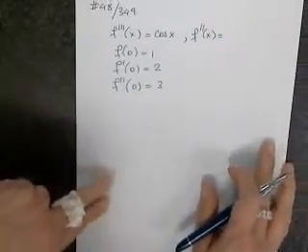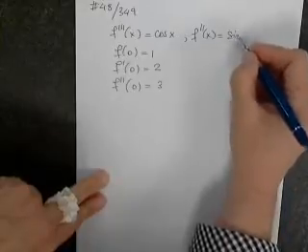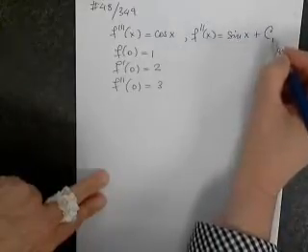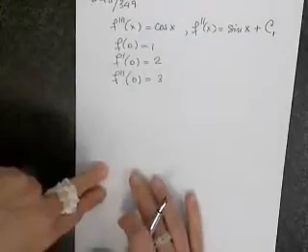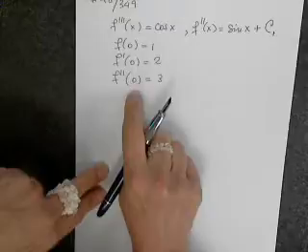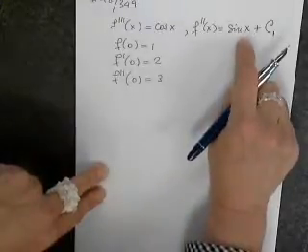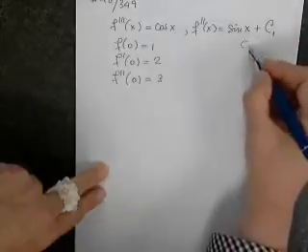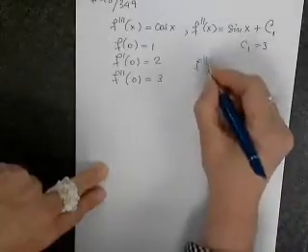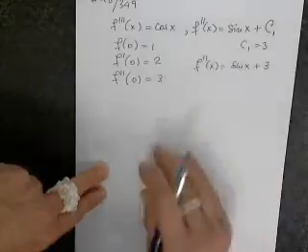What function prime is cosine x? Sine x, not negative sine, just sine x plus a constant c1. But I'm told that the second derivative at 0 is 3. So how much is sine 0? 0. So c1 will be 3. So now I have that the second derivative is sine x plus 3.